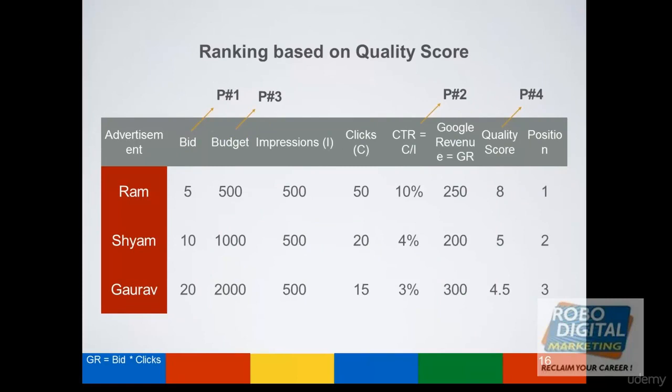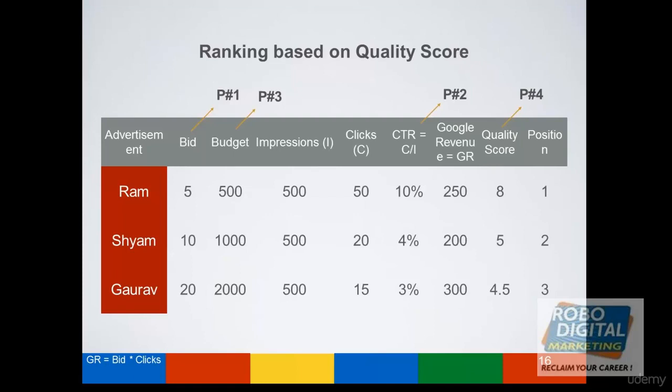And there is a fourth thing, that is quality score. I will be telling you what the quality score is and what its components are. Ram has a quality score of 8, Sham has 5 and Gaurav has 4.5.